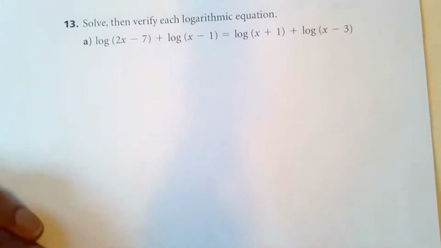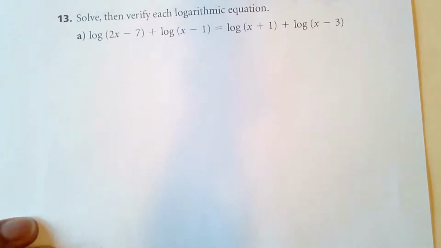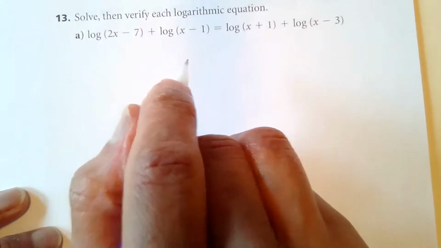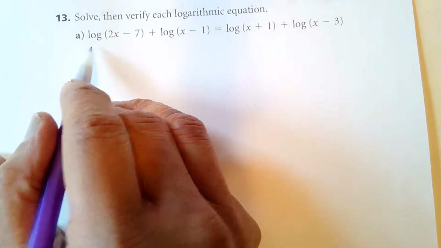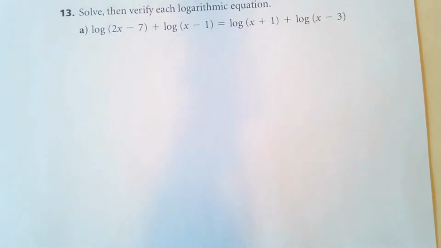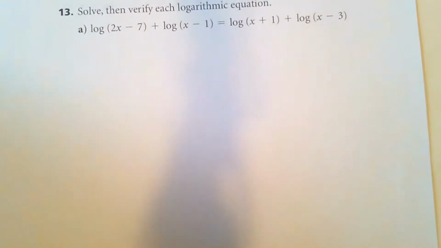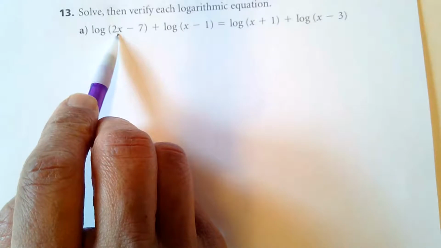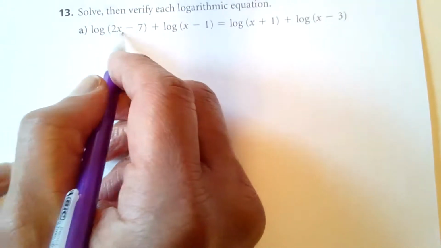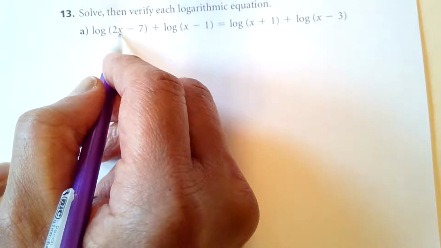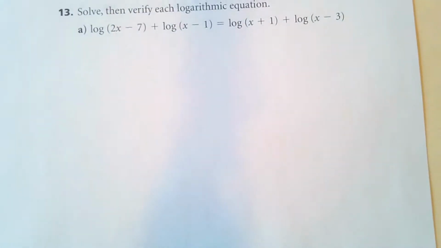I'll do A. There are two parts to this, but I'll just do part A. First step, we want to make sure we find where this is defined. So step one, we find where the values for x are defined in all of the cases here.